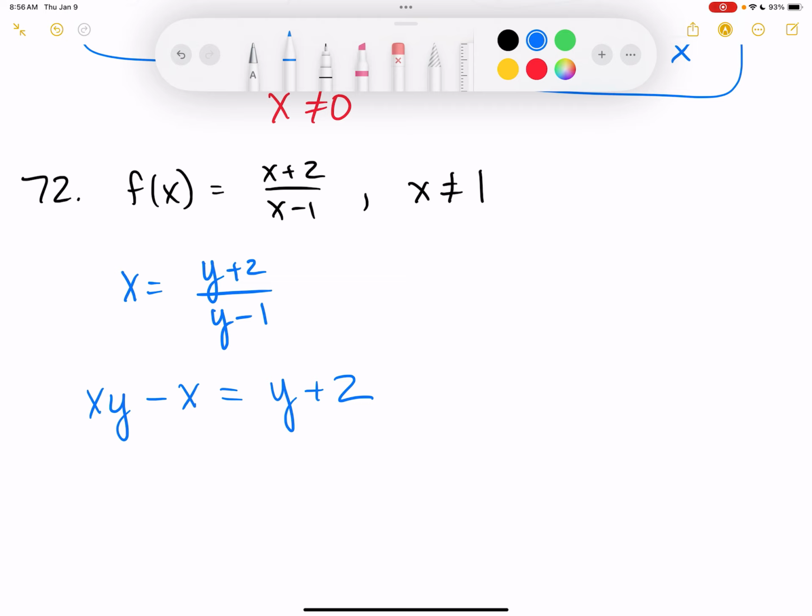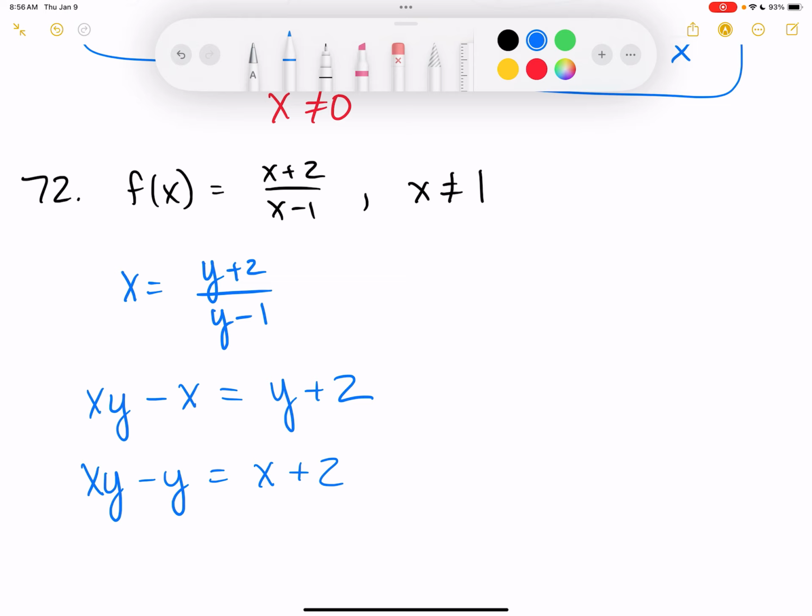Now, I'm obviously trying to get y by itself, but I see two y's in there. I can't get them both by themselves individually. It's not going to work. So what I need to do is get all the y's on one side, and everything that doesn't have a y on the other side. So I'm going to subtract this y over and add this x over. So I have xy minus y equals x plus 2.